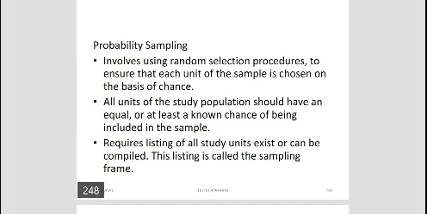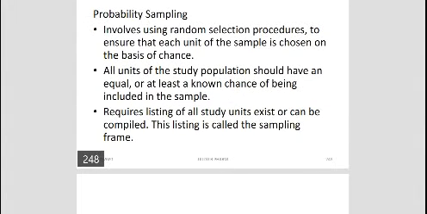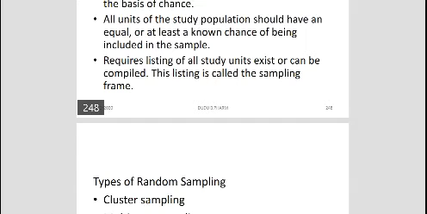Let's see probability sampling. Probability sampling involves using random selection procedures to ensure that each unit of the sample is chosen on the basis of chance. All units of the study population should have an equal or at least known chance of being included in the sample. It requires a listing of all study units that exist or can be compiled.